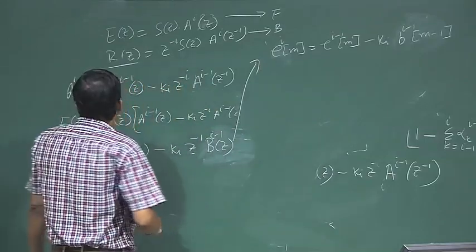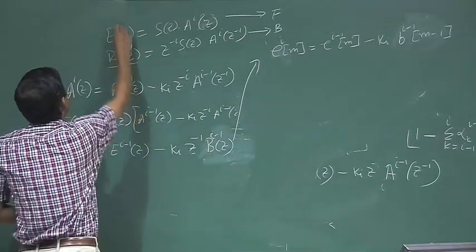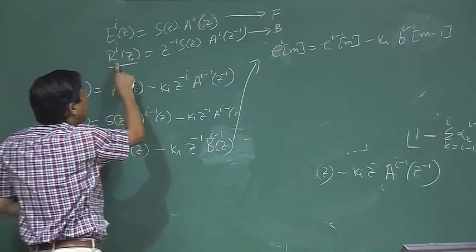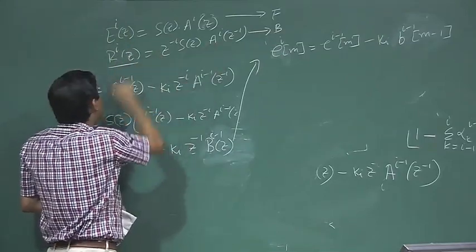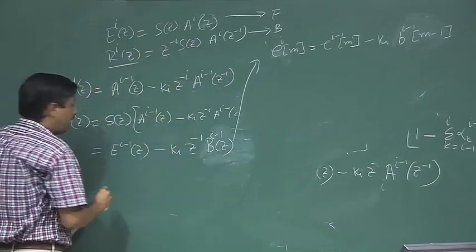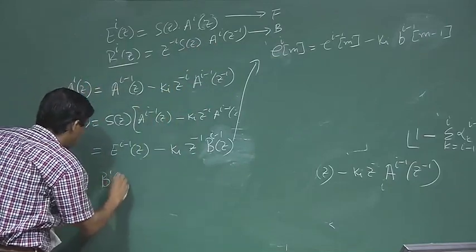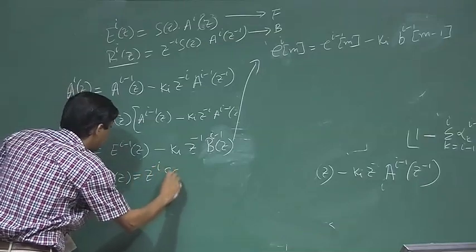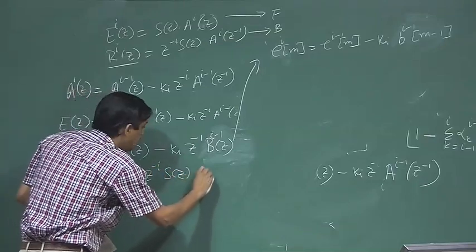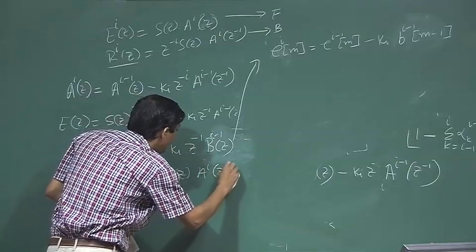Similarly, for B i z, if I want to replace this A i z in here, then what will I get? I get B i z is equal to z to the power minus i, S z into A i z to the power minus 1.